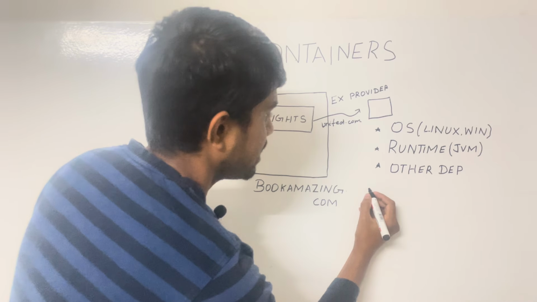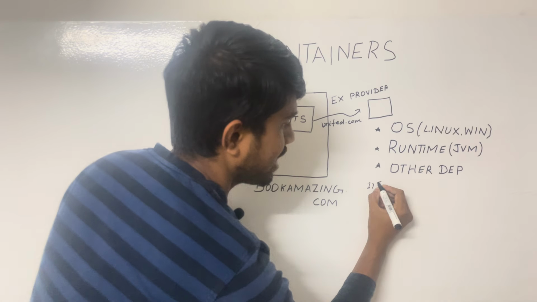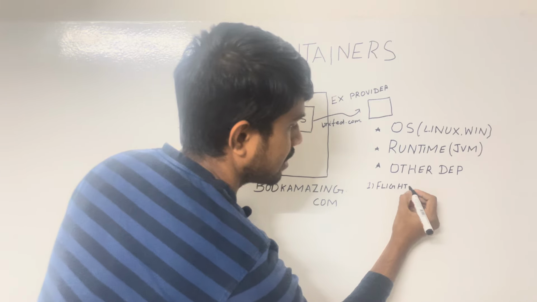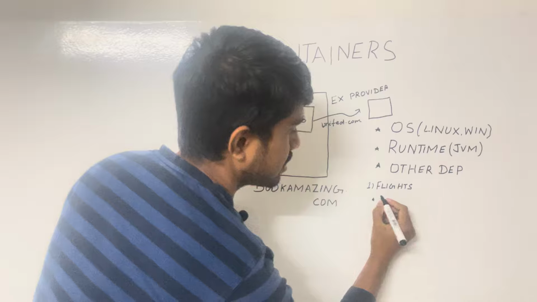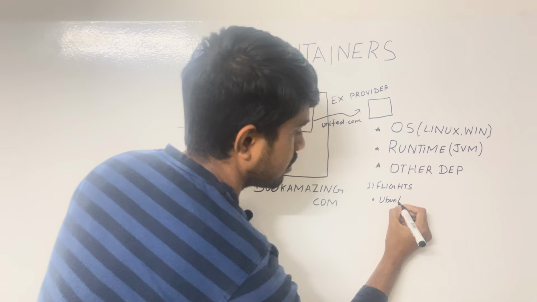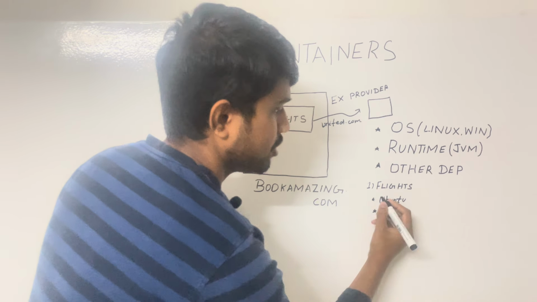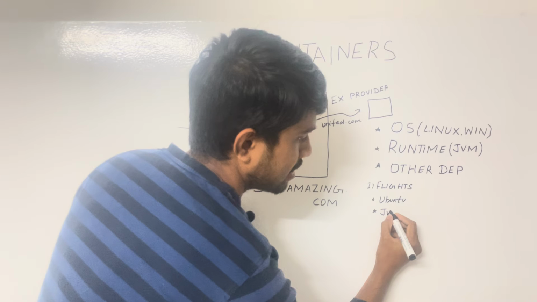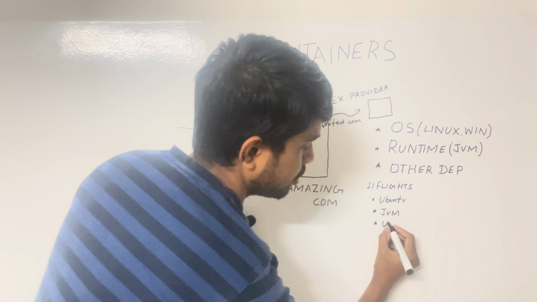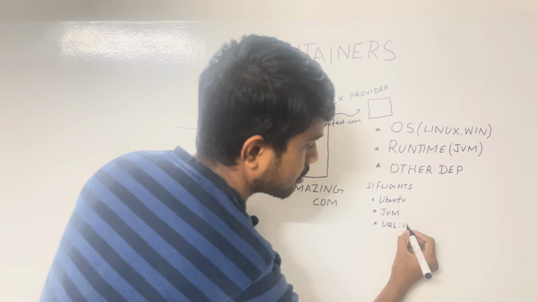So your first application is flights, and it uses Ubuntu, for example, and it uses Java, so it needs JVM, and the URL to get flight information is united.com, for example.